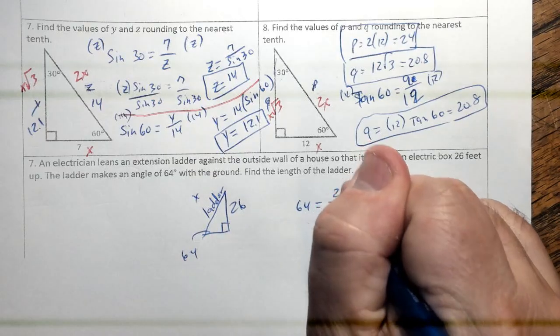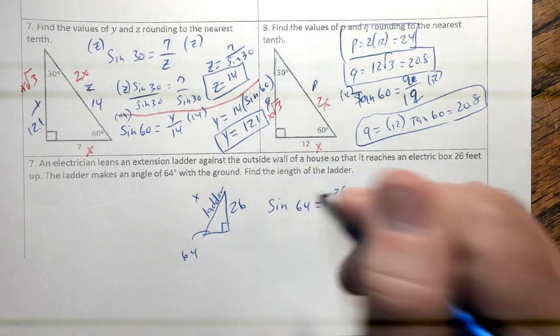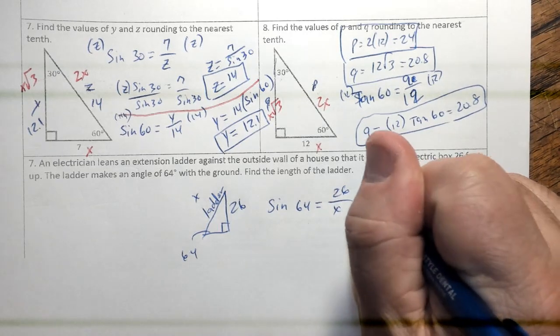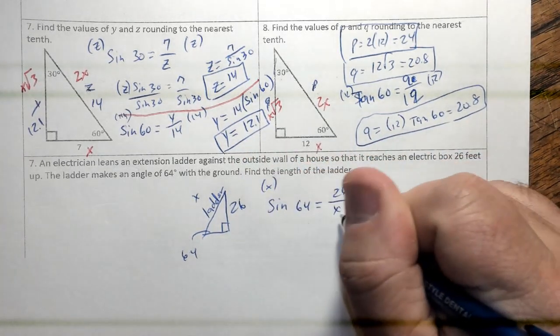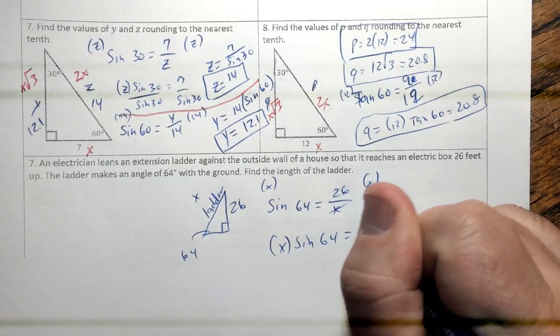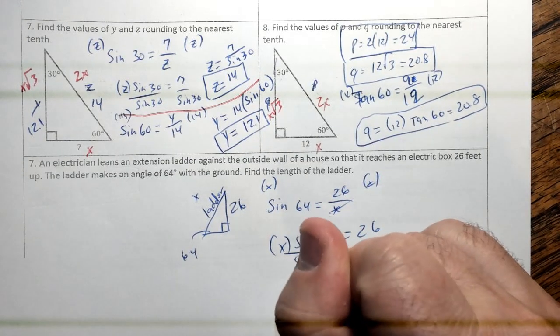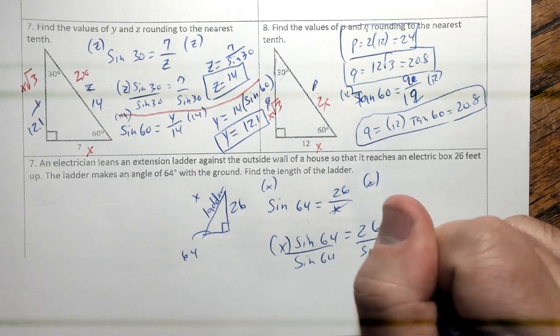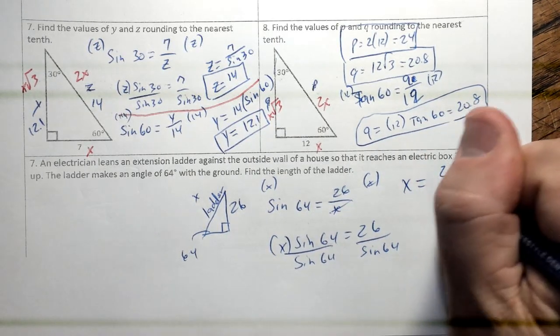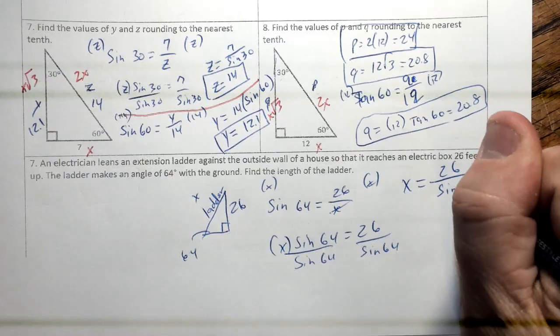Opposite over hypotenuse is sine. Okay, so we're going to find X, so we're going to multiply both sides by X. These cancel. X times sine 64 equals 26. Divide both sides by sine 64. So you end up with X equals 26 divided by sine 64.